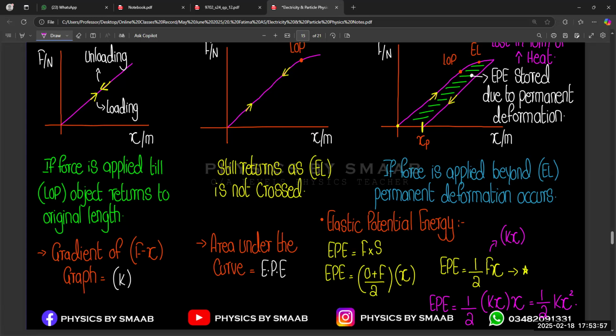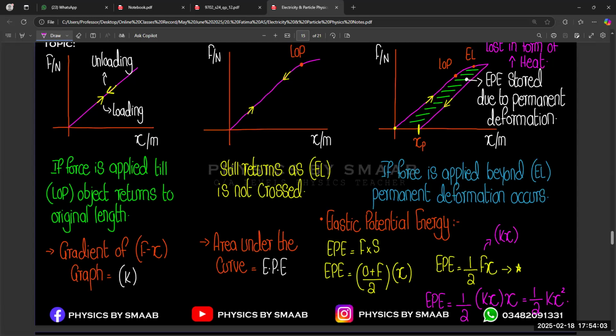If you observe that F and x both values are given, we can use the direct elastic potential energy formula. And if the F value is not given but the value of k is given, we can use half kx square to find elastic potential energy, right?